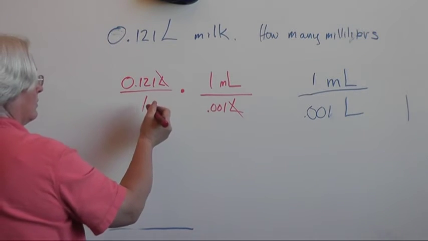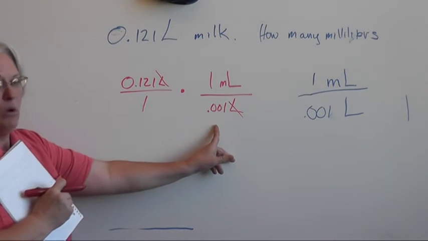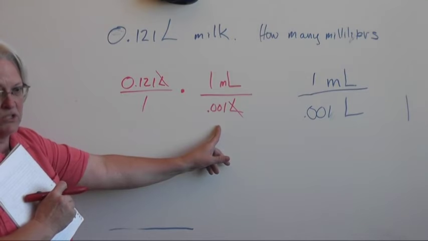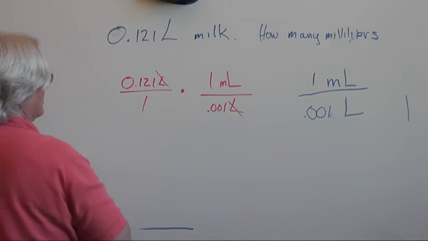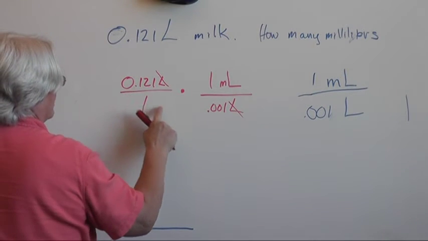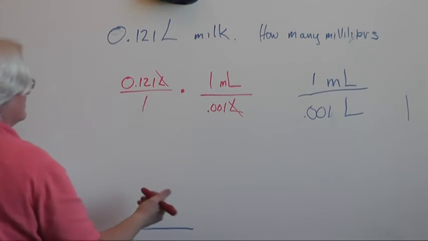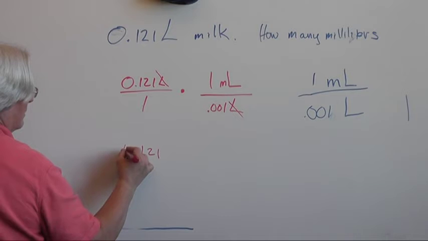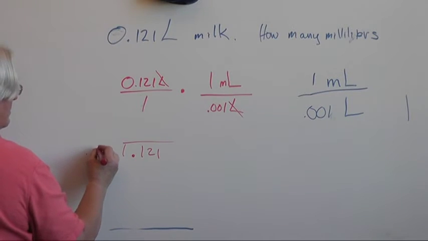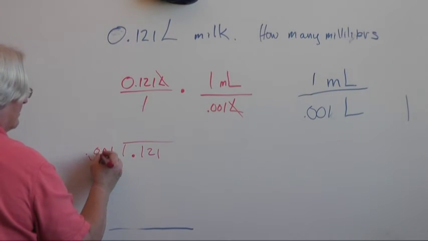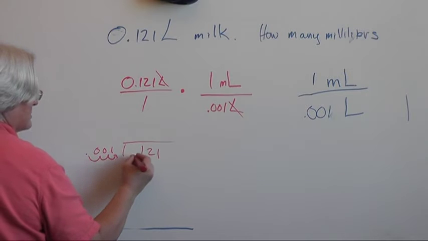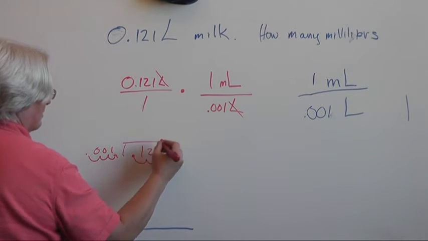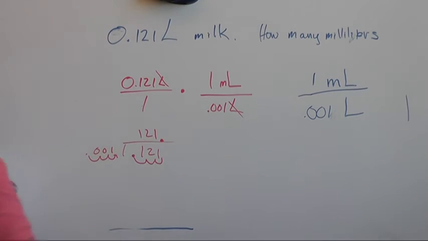What we did before was we divided by 1,000, not 1 over 1,000th, so it goes in the other direction. 0.121 divided by 0.001. Let me do it the old long division way. 0.121 divided by 0.001, you have to move the decimal point 3 units to the right, which is how you end up with 121.